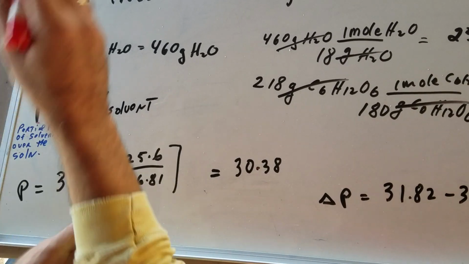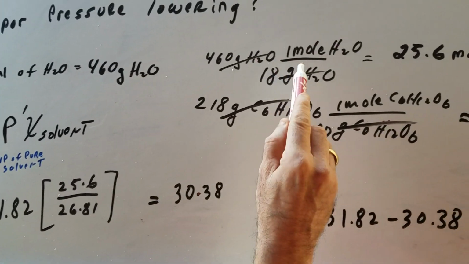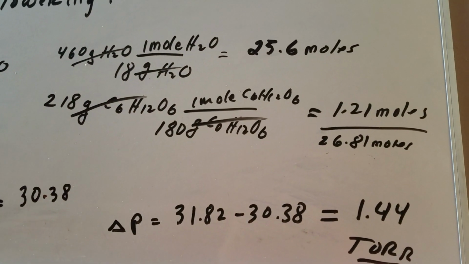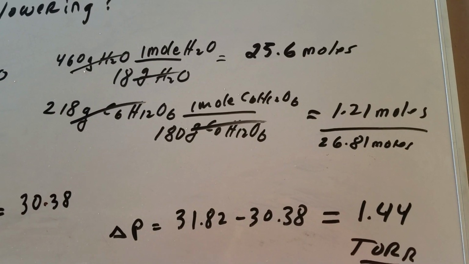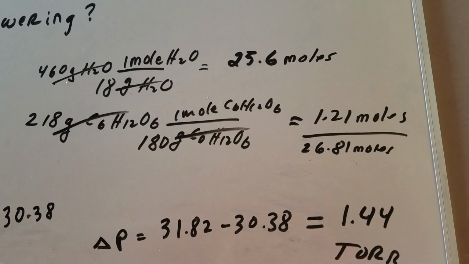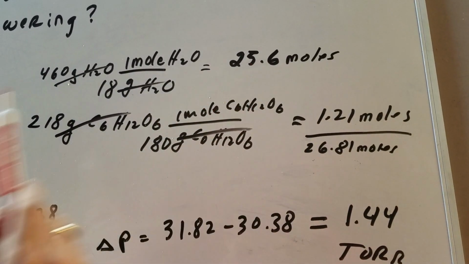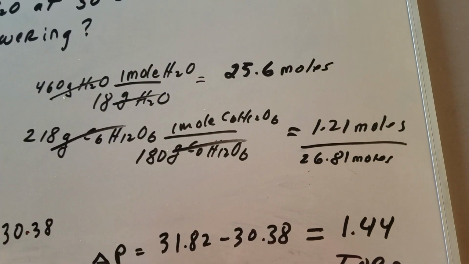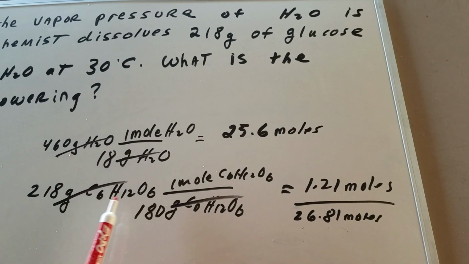What I did here is convert the grams of water into moles of water by dividing by the molecular weight. The DAT exam will give you nicer numbers, but for argument's sake, let's pretend these numbers are really nice, and when we divided it out, you got 25.6 moles of water. Likewise, let's convert 218 grams of glucose to moles.